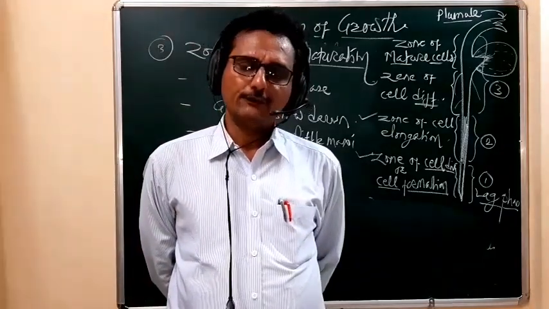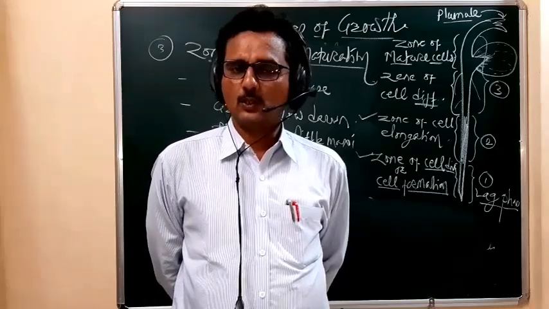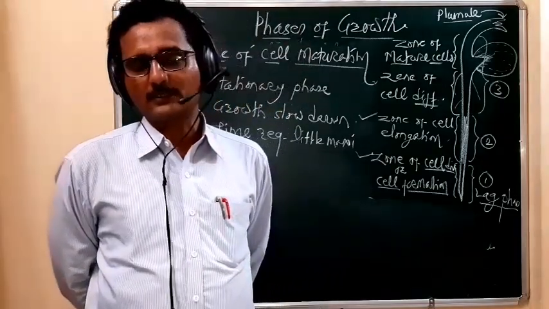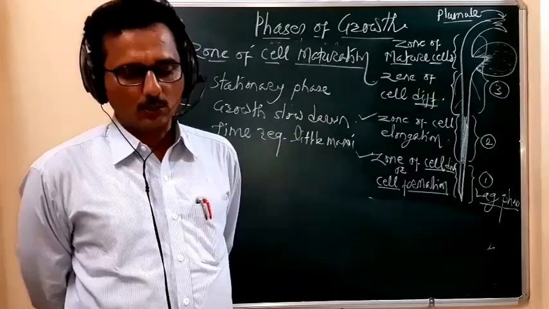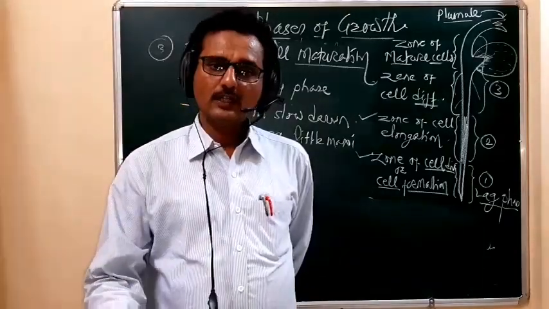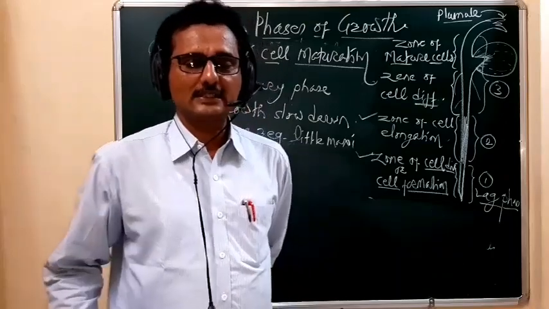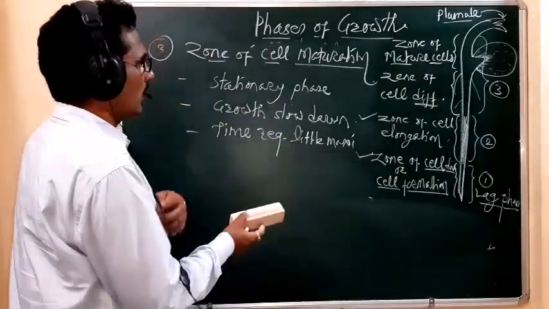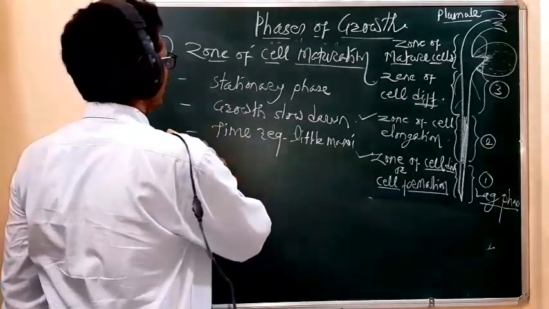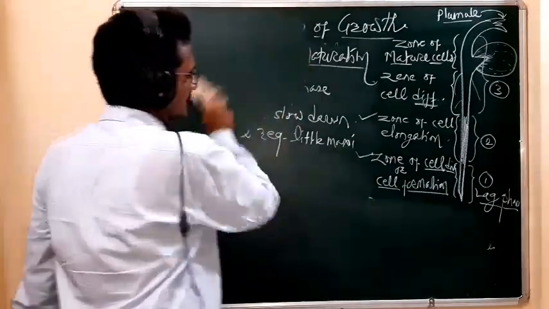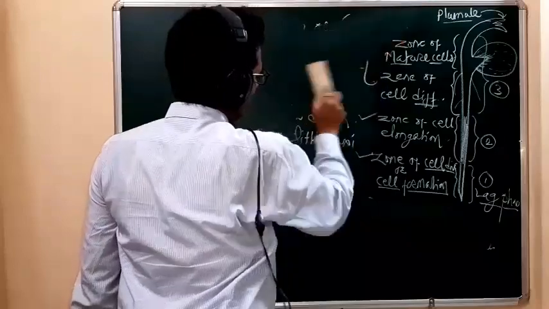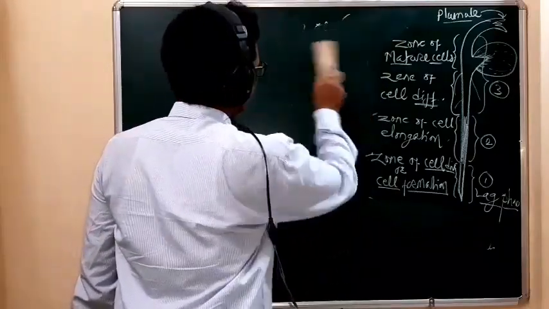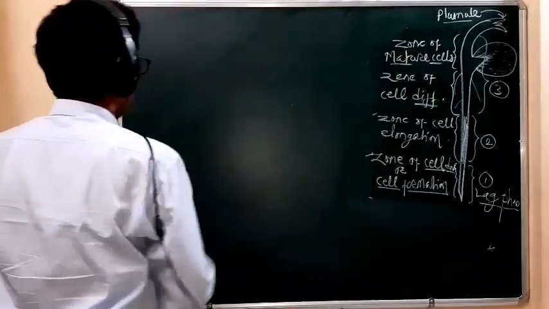These are the three different phases of growth, and we can represent them graphically. So let's see the graphical representation of these three phases of growth.